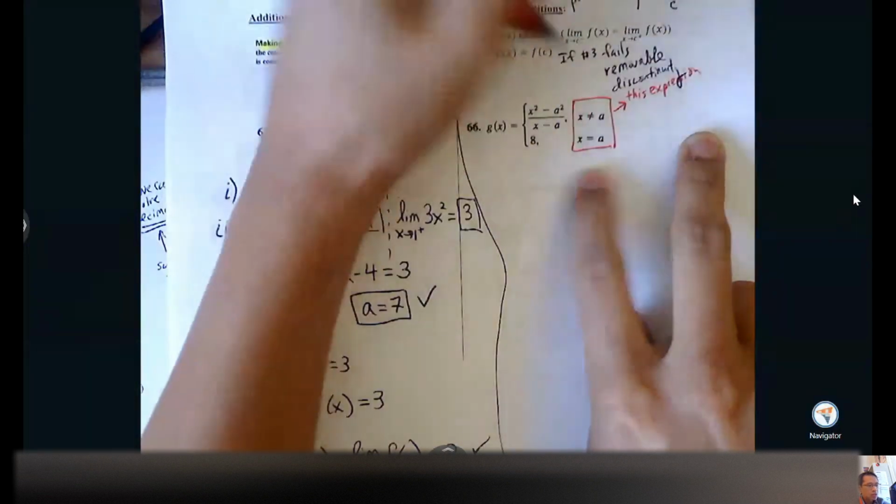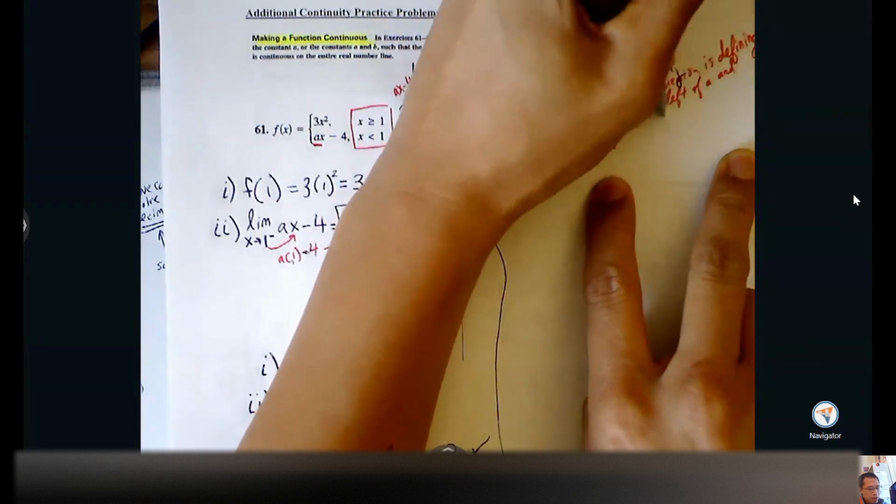This expression that we see is going to define the graph to the left of a and to the right of a.